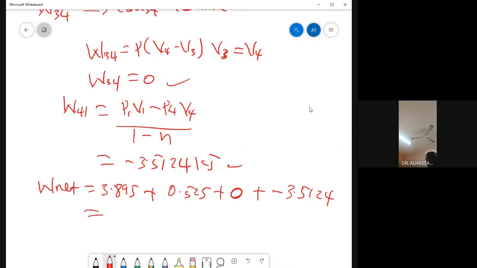Okay, so then this will be our last stop for today. So next week, I will discuss some questions on the application of the first law of thermodynamics. Okay, and then we will look at its application for both closed system and open system. So from next week, I will not be solving the questions like this systematically.